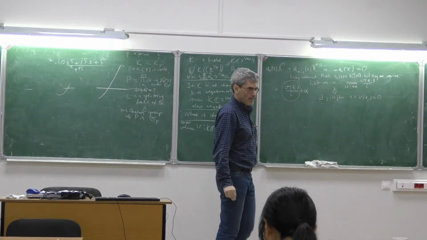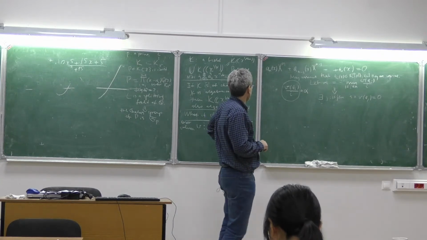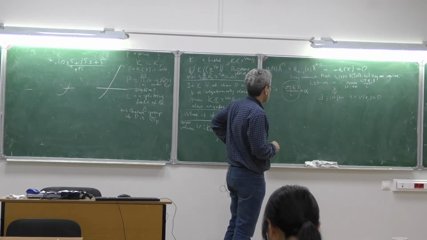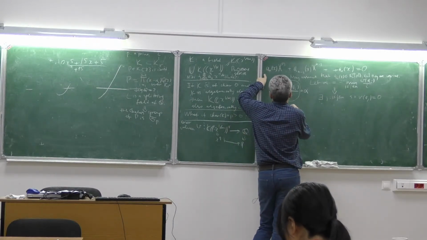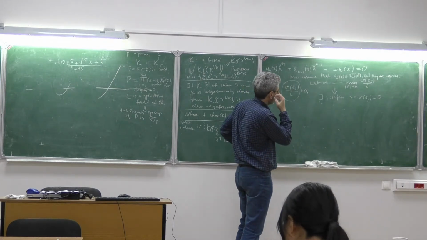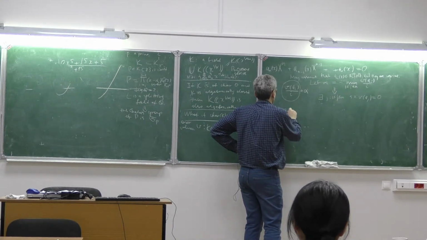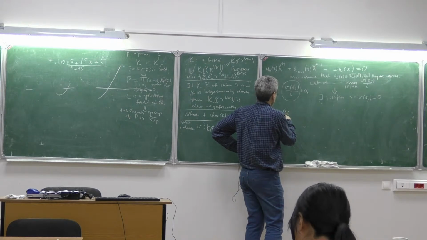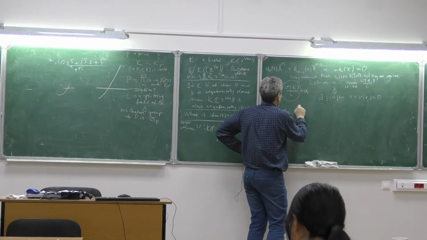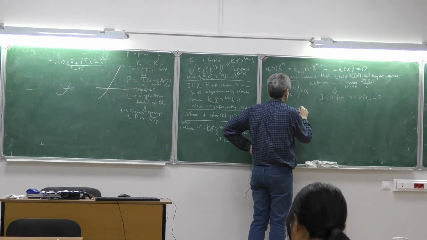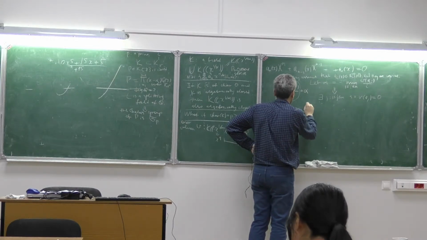Look, I'm lost. Why do we divide by i? So the question: why should we divide by i? The point is that we replace x by x to the alpha, well, x prime. Let us denote this again by x to the i.